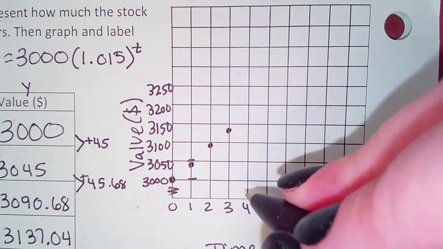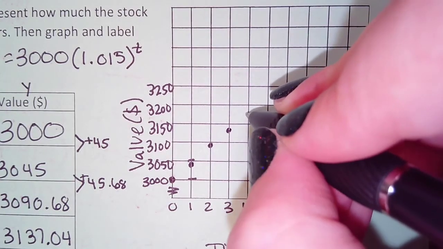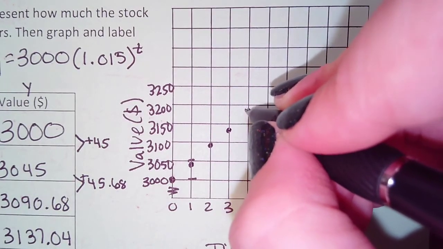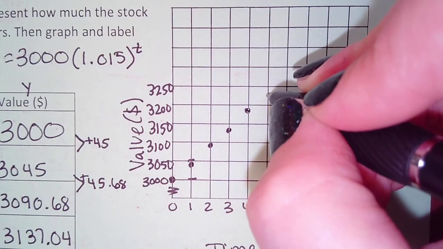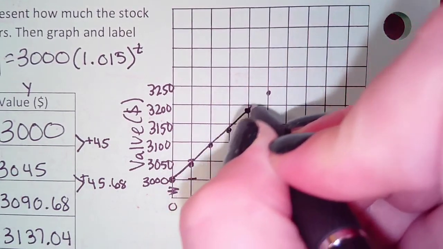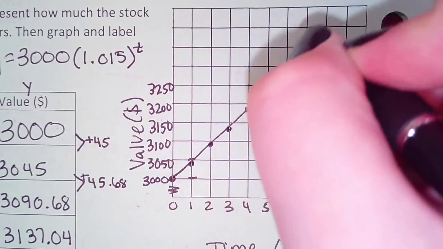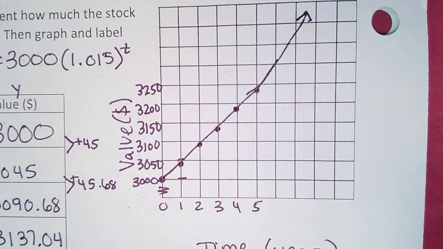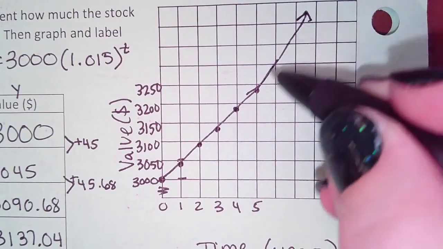We have 4, 3,184, maybe about here. And maybe about here. So we're gonna, something like this. And I know over time it's gonna start turning, so I'm gonna create a little bit of a wave in my graph.